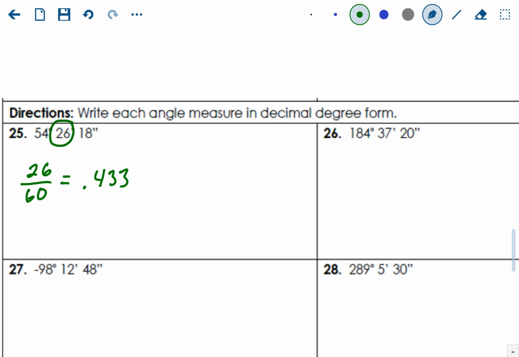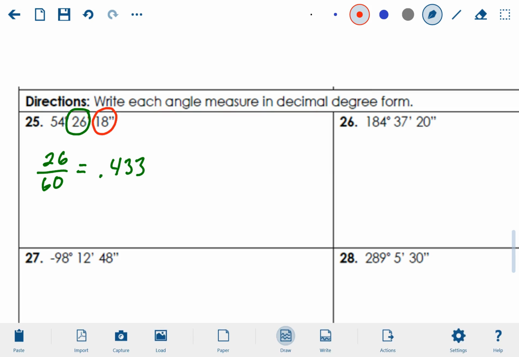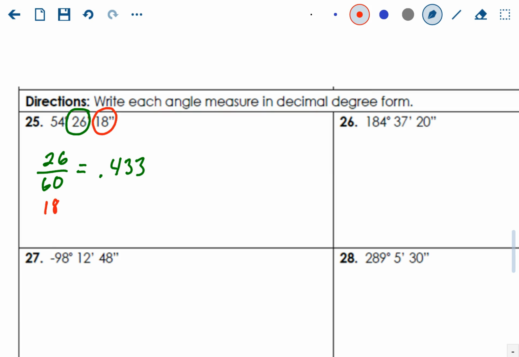It's a repeating decimal, so you can just go 3 places out. And then you're going to take the 18 seconds, and you're going to divide that not by 60, but by 3,600, because there's 3,600 seconds in 1 degree. So 18 divided by 3,600 is 0.005.